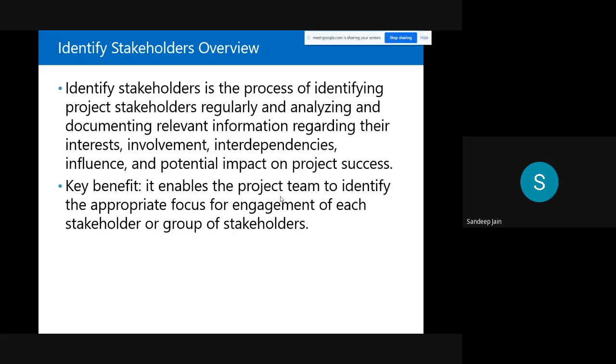But what might happen is that this manager who is not directly involved might start influencing things from the background, and you may not be aware of it. So it is sometimes necessary to see what is the potential impact of each and every person, and to be on the safe side, keep managing those stakeholders as well.